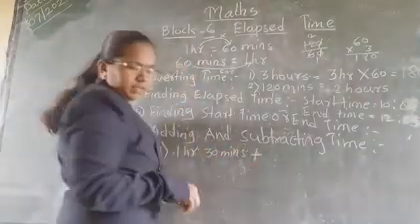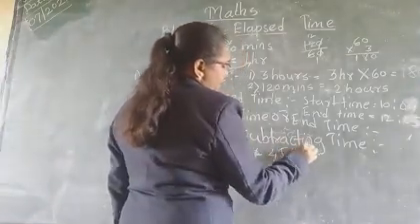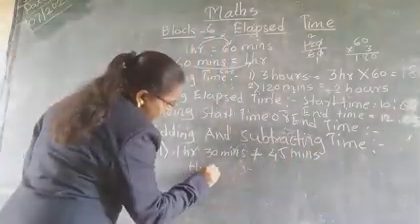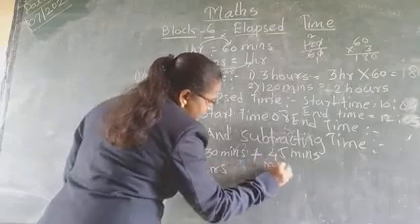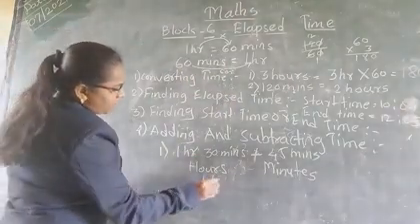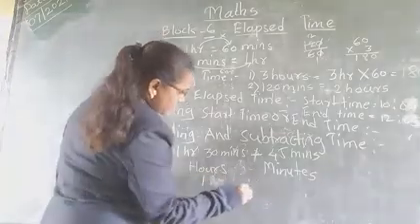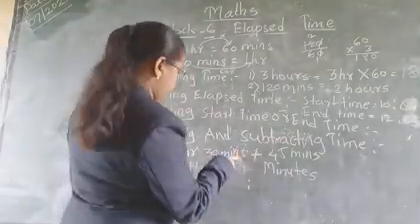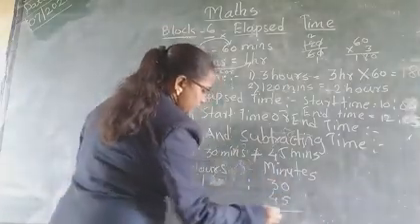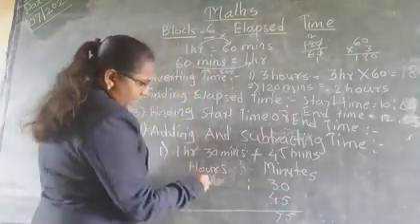1 hour 30 minutes plus 45 minutes. How do we add these numbers? Here we write the hours and here we write the minutes. 1 hour, then 30 minutes plus 45 minutes. So 0 plus 5 is 5, 3 plus 4 is 7, and here 1.